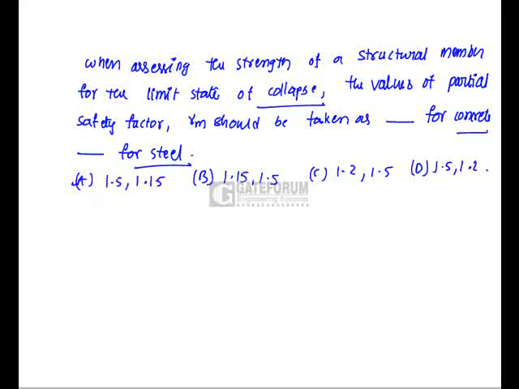Why is the factor of safety for steel less than that of concrete? Because we are going to have a control on steel, whereas we don't have control on concrete. So we have to take the greater factor of safety for concrete when compared with the steel. So factor of safety for concrete is 1.5 and for steel is 1.15. So option A is correct.